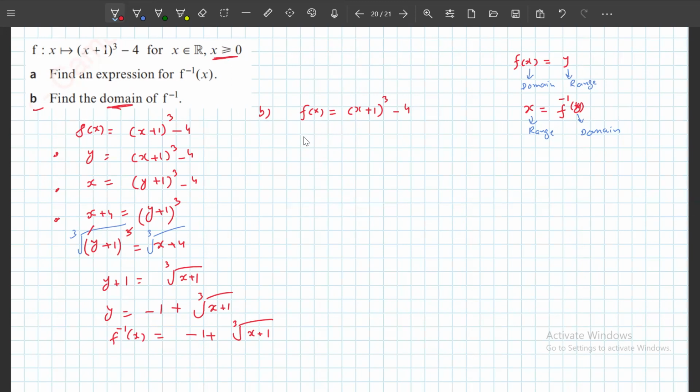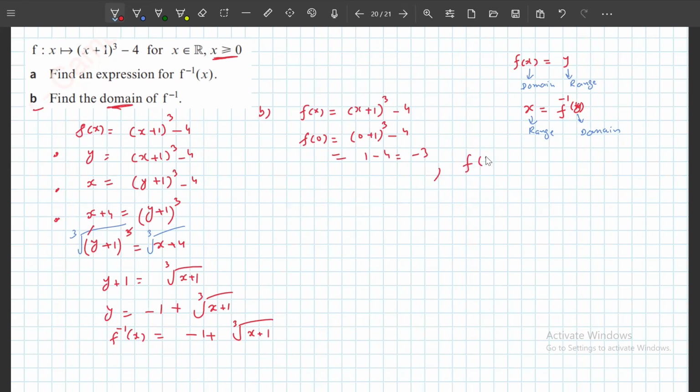If I check at x is equal to 0, f of 0, 0 plus 1 whole cubed minus 4, that gives me 1 minus 4, which is equal to minus 3. So remember that this is our minimum value. After this, you can find out the bigger values.